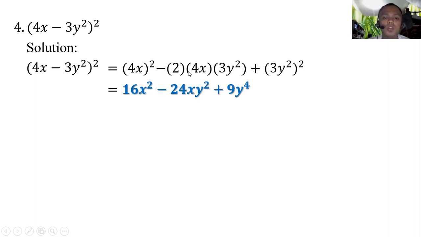Negative 2 times 4x times 3y squared is negative 24xy squared. Multiplication of monomials to, i-apply dito. And then 3y squared raised to 2, or 3y squared times 3y squared, is 9y raised to 4. So applicable dito yung laws of exponent natin. So ito yung magiging product niya.